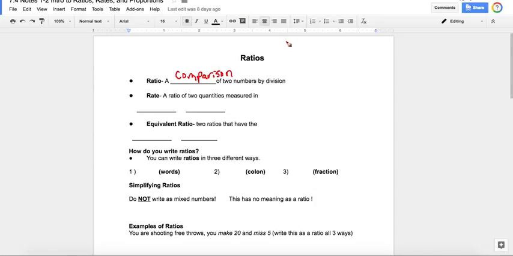A rate is a ratio of two quantities measured in different units. And later on in the next note sheet, we'll be talking about unit rates. So equivalent ratio, two ratios that have the same value.